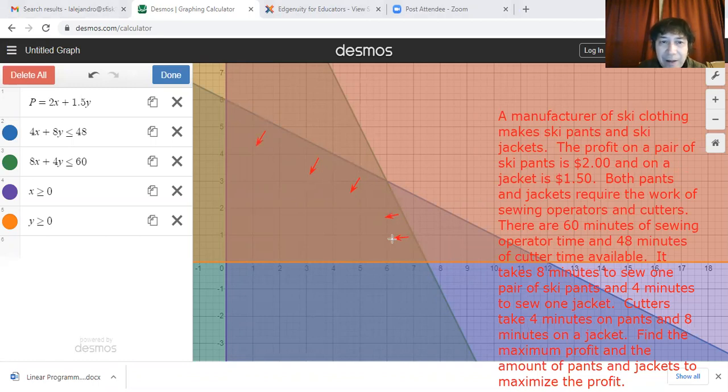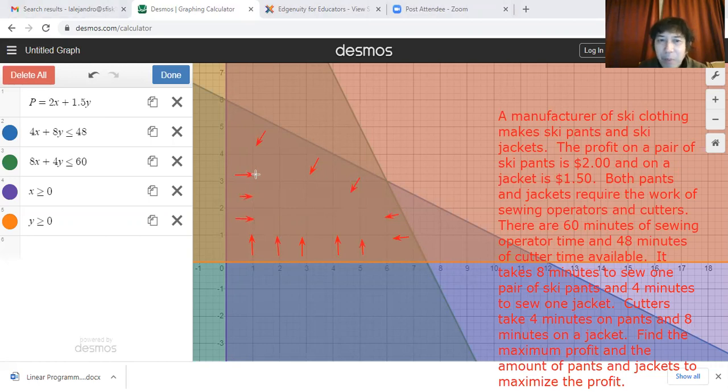Now it cannot be negative for x and y. That means this will be for the jacket. It cannot be negative, also for the ski pants. It cannot be negative.